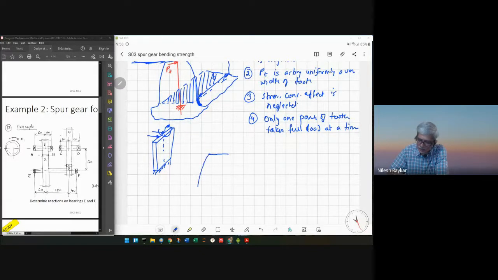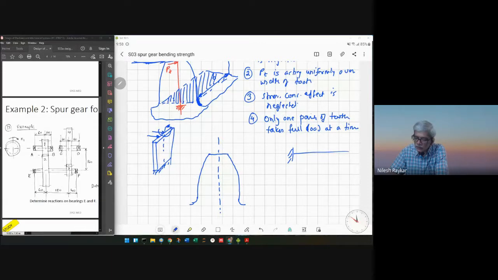He made some assumptions. Since the profile of the gear tooth is of a peculiar type, he wanted to make the gear tooth design as close to what is known as a beam of uniform strength. In strength of materials, if you remember, we have studied the beam of uniform strength.